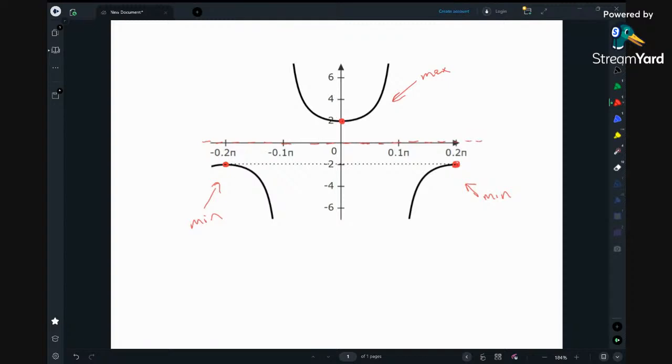The other thing I notice on this graph is that there's a vertical asymptote, even though it's not drawn in, at -0.1 pi and +0.1 pi. And from graphing, I know the midlines make asymptotes.